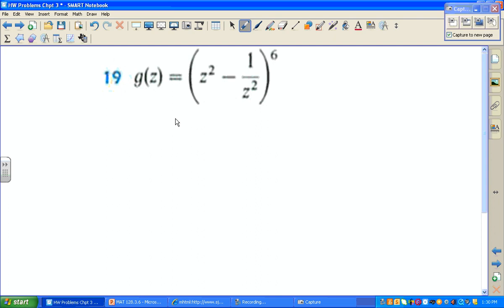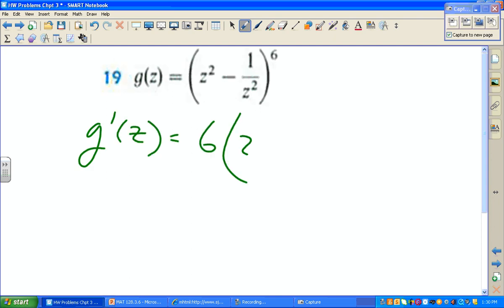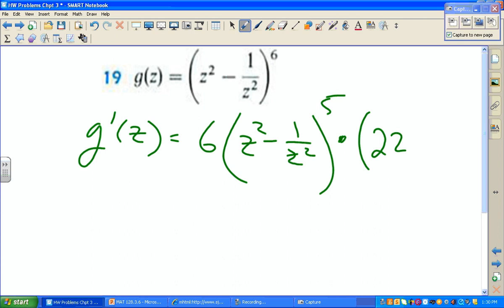G prime of z is 2z minus... Now, are you using the reciprocal rule or the power rule when it comes to this? So you're thinking of this 1 over z squared as z to the negative 2? Yeah. All right, so then that would be a plus 2z to the negative 3.